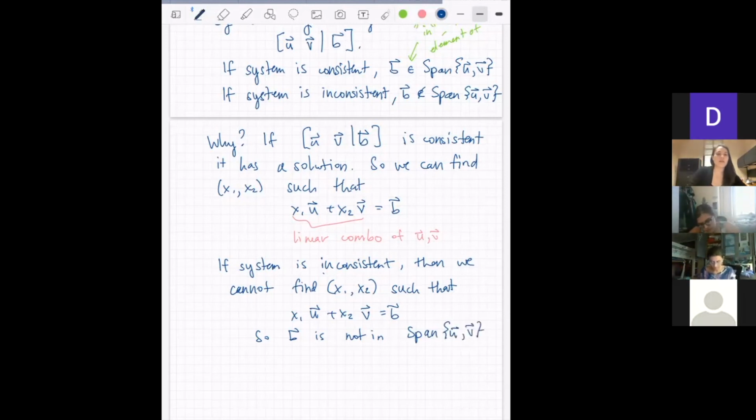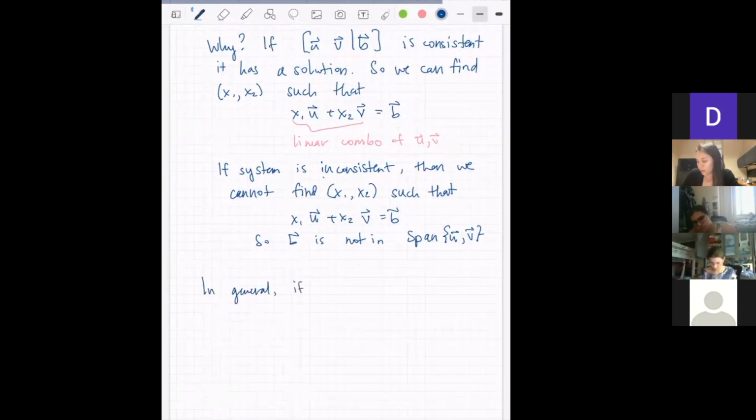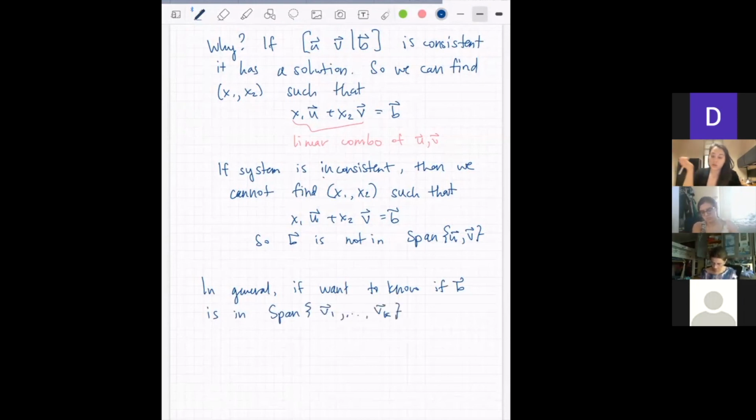And then we can do the same thing, like I said, for more than two vectors. So in general, if you want to know if b is in the span of a collection of vectors, say v1 up to vk, then you just solve the system given by this augmented matrix.